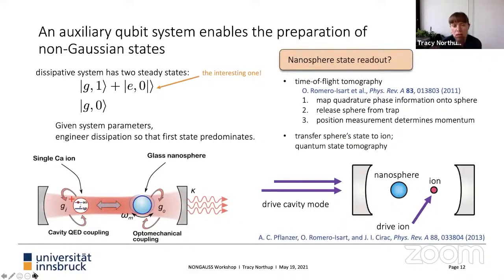But you could also think about harnessing the ion, that is transferring the state of the nanosphere to the ion, and then performing quantum state tomography on the ion. It's not something that I think we've thought about too carefully at this point, because we're simply a long way from those stages.